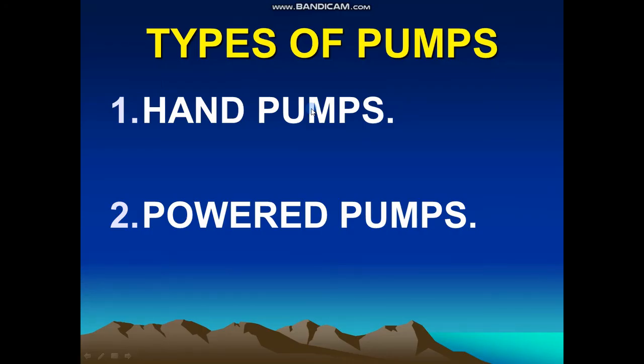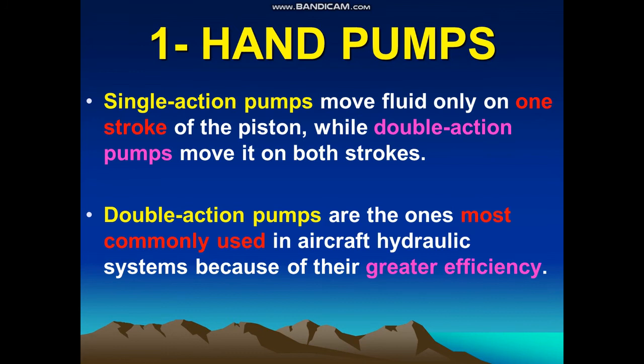Types of pumps. We have hand pumps and powered pumps. Single action hand pumps move fluid only on one stroke of the piston, while double action pumps move it on both strokes. Double acting pumps are the ones most commonly used in aircraft hydraulic systems because of their greater efficiency.